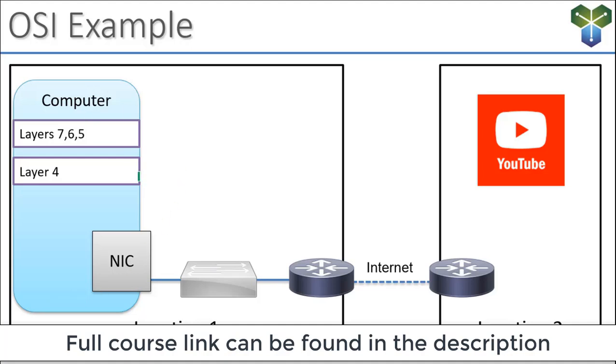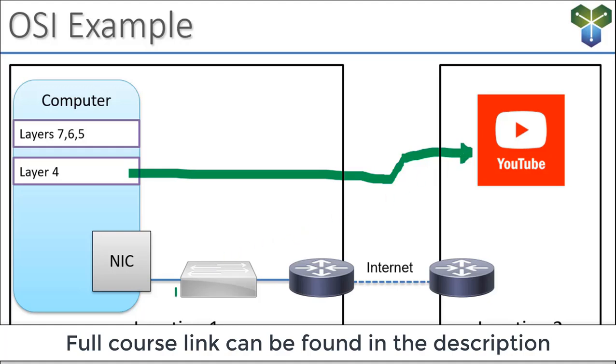My computer needs to communicate with the servers at YouTube. It needs to agree upon, hey, are we going to check the data that's being sent for errors? What's going to happen if some incomplete information is sent? They're going to negotiate the parameters of this transport using layer 4.